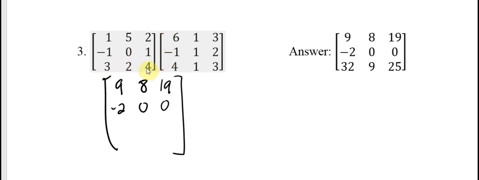Minus 2 is 16. 16 plus 16, 32. So now this row times each of the ones, so it's just 3 plus 2 plus 4. So that's 5 and 4 is a 9. And then this position, third row, third column, 9, 4, so that's 13, plus a 12, 25.